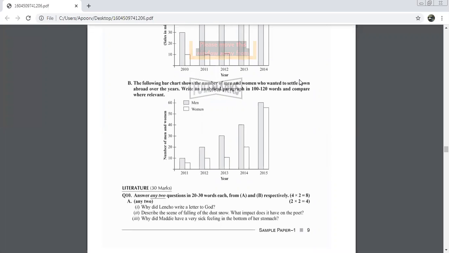She has said it very rightly. Yes, continue, beta. About 50% of what men are wanting to settle abroad, women are also there. But in 2011, the ratio was 60%. It reduced to 50% in 2012.